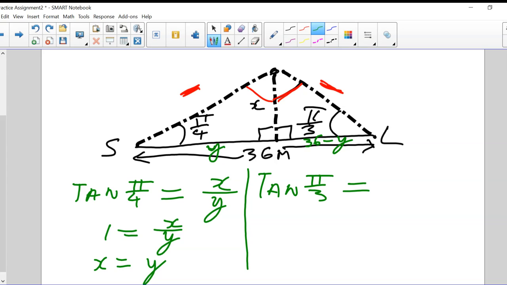X over 36 minus x, yeah, okay. Can we all agree on that? Jeremy and Harish have said that, and I wonder if everybody agrees with that. Good. Do we know the tan of pi over 3? Can somebody look that up for me, please? Tan of pi over 3, what is that? Okay, I'm seeing Jeremy saying it's the root of 3. Okay, all right.